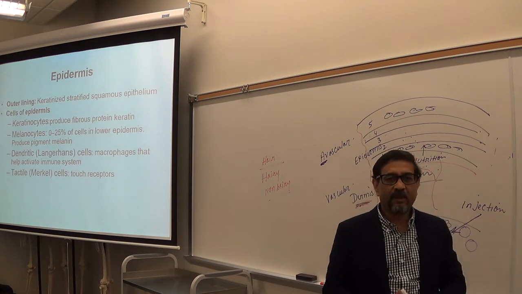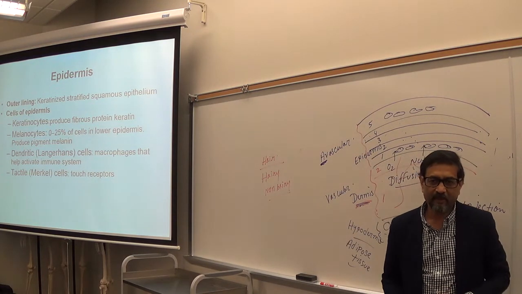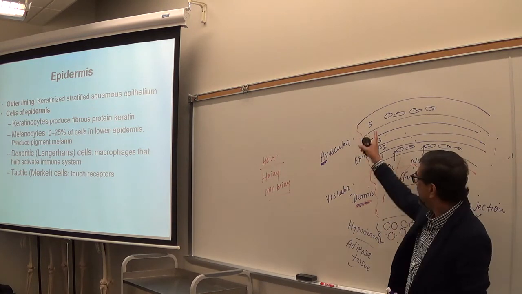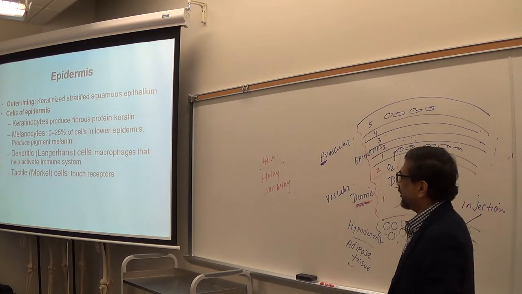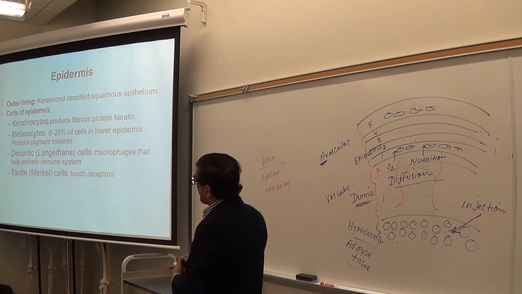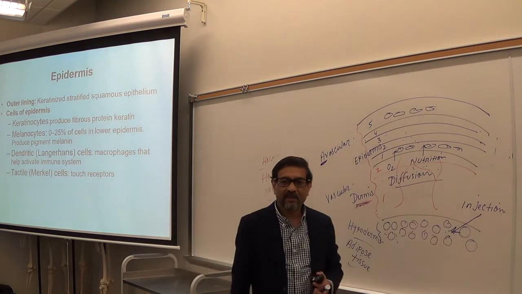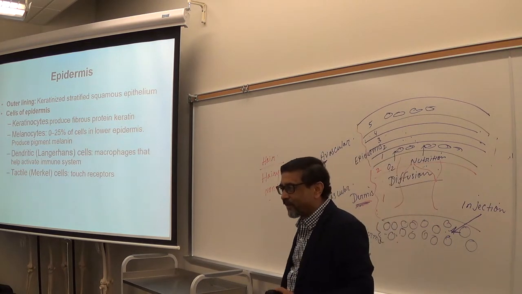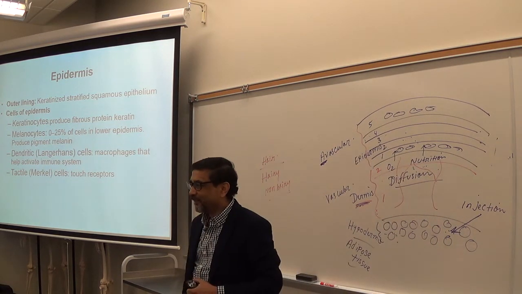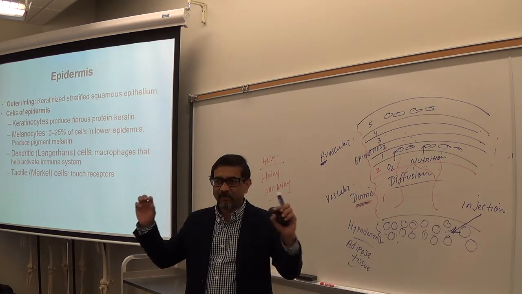Now, what are the different types of cells present in the layers of the skin? The most common type of cells are keratinized squamous cells. How many of you remember squamous cells? Flat cells, right?